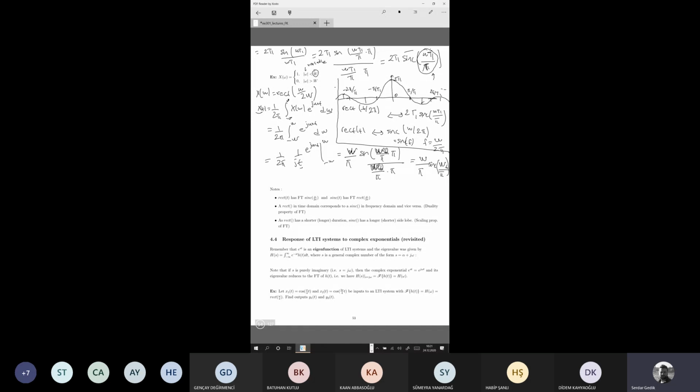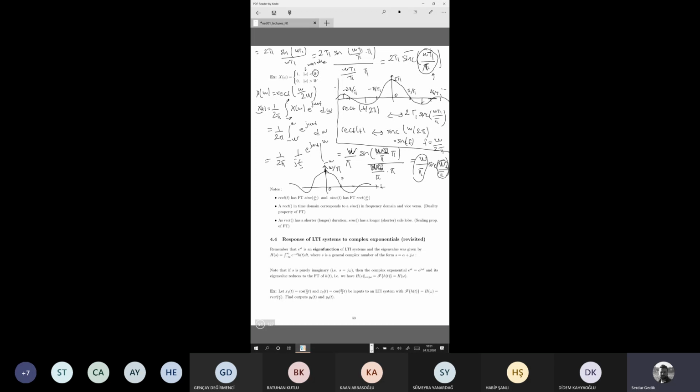If you plot this, this is the peak value. Let me directly plot this. This is t, and this is the peak value, which is omega over pi. What I know is that if the inside is an integer, sinc is 0. For this to be an integer, t must be a multiple of pi over omega.